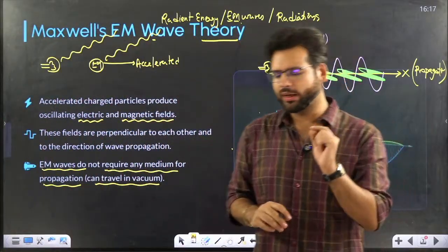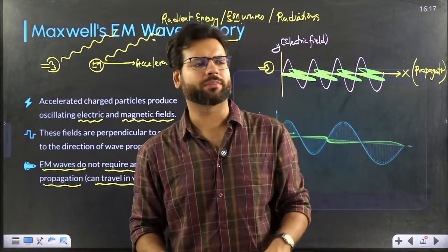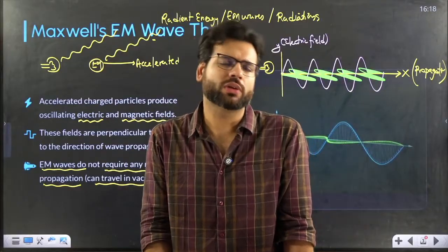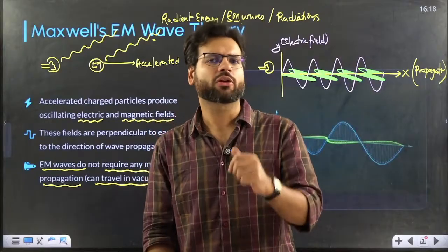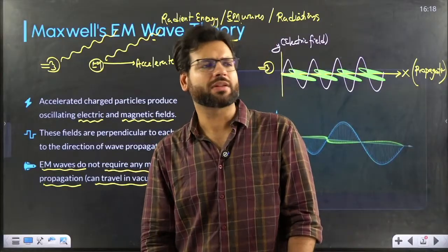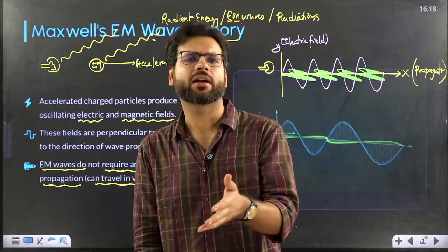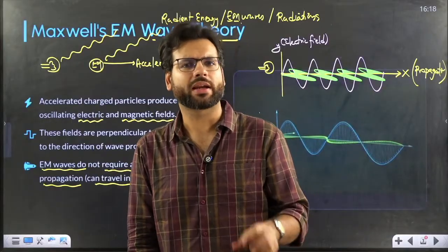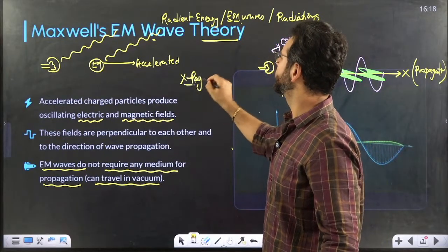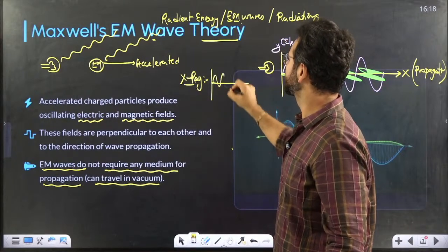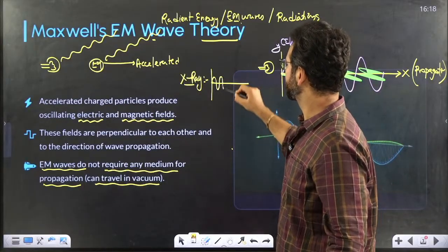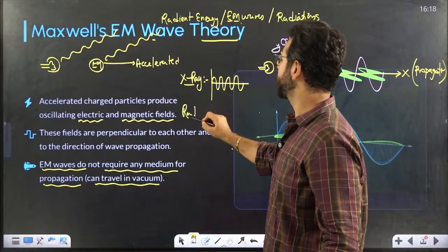Now my question to you, my dear students: next point we ask him, what do you think is the speed at which they travel? Who travels faster? Who travels slower? We have different types of electromagnetic radiation, all of you know, X-rays, gamma rays, UV rays, visible rays. Who do you think travels faster? If I ask you between X-ray and visible ray, for example, or X-ray and radio waves, X-ray has a very low wavelength, X-ray looks like this, versus radio waves which have very high wavelength.